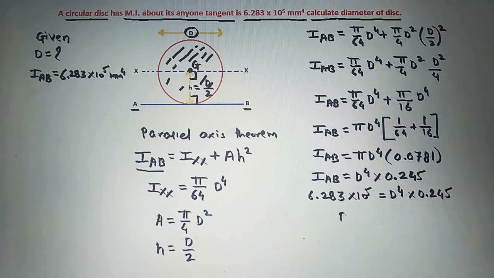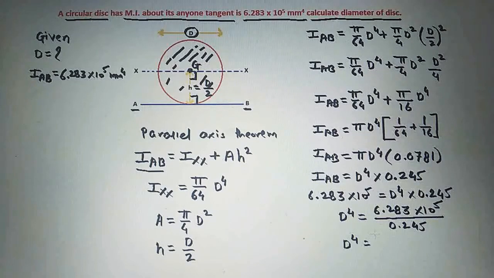Now we can write here D raised to 4 is equal to 6.283 into 10 raised to 5 divided by 0.245, and if we calculate this, then we will get the answer of D raised to 4 as 2.56 into 10 raised to 6.